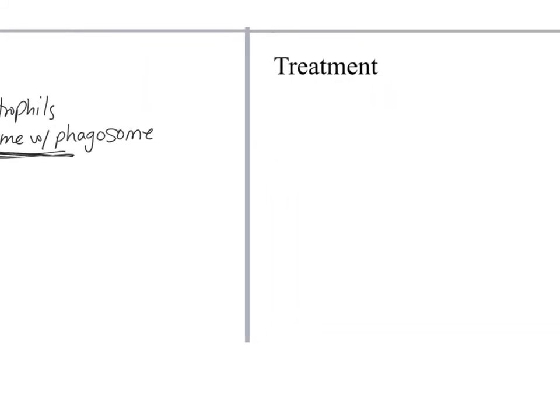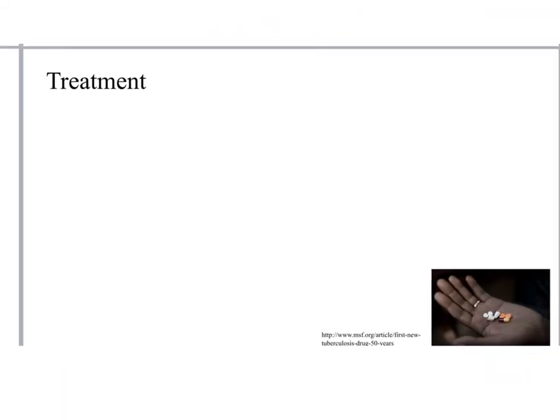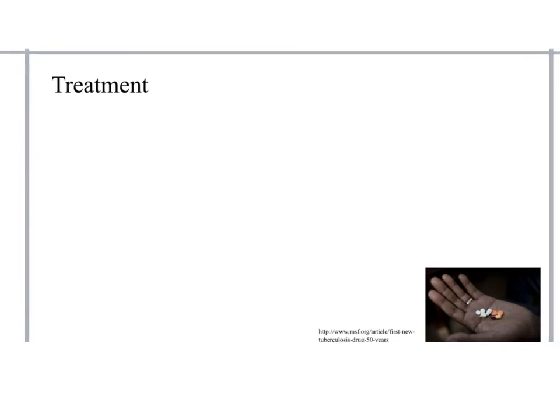All right, how do we treat tuberculosis, and is there a vaccine? Those are the last two things that I want to talk about. Let's think about the drugs that we use to treat tuberculosis. Streptomycin, hopefully that sounds vaguely familiar. That was the first drug to treat TB that came out.